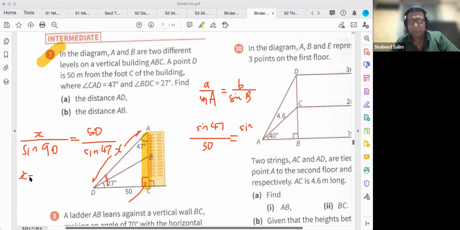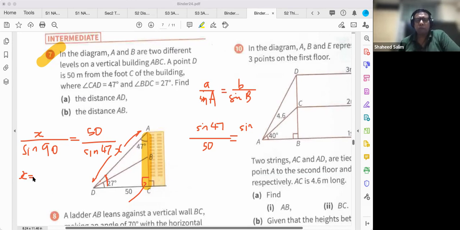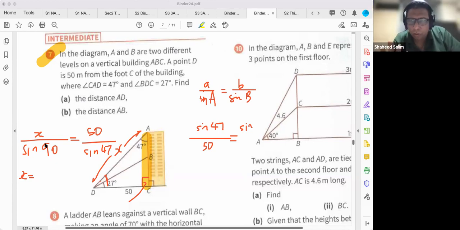This is the fastest way. 68.366. Okay, well done. Are you clear or not clear?